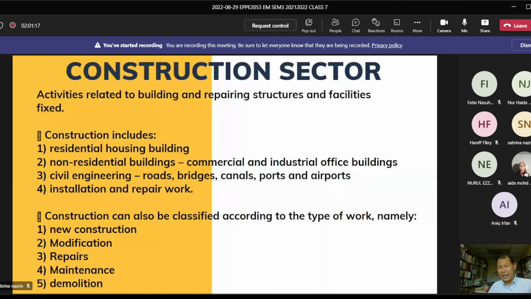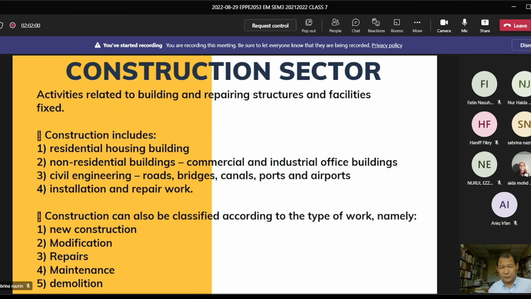We want to see how the service sector, manufacturing, agriculture, and construction interplay with each other, and how these sectors are jostled up or down because of that transformation in the Malaysian economy. So we're not interested in construction just to know about construction. We want to look at construction in the context of that transformation.